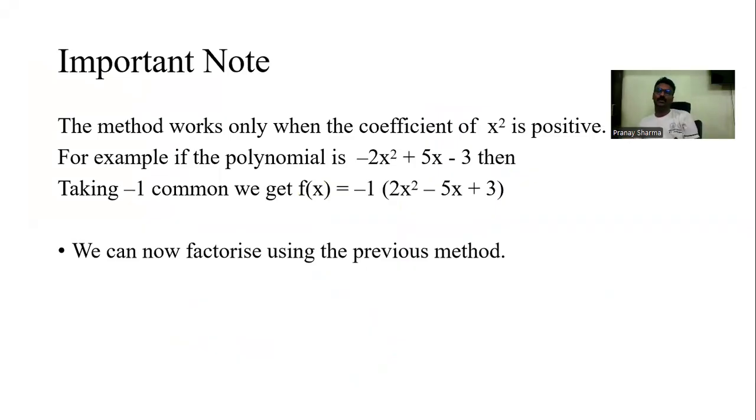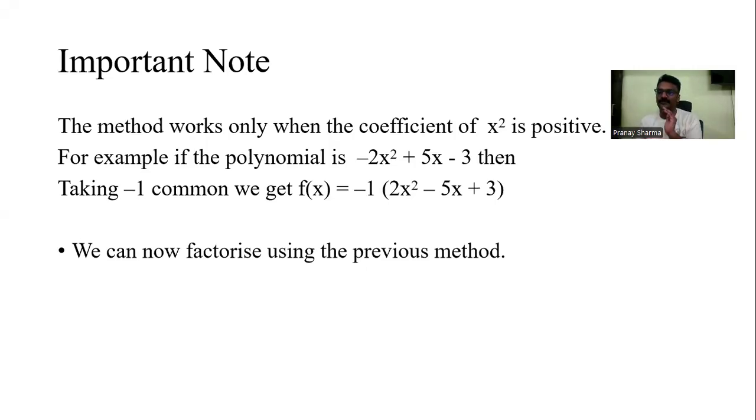So the important note that we have highlighted here is that this method works only when the coefficient of x squared is positive. All right. Suppose we get a situation wherein the coefficient of x squared comes out to be negative, then you should take -1 as common throughout the expression. So the expression will get changed. We have taken one example as well, minus 2x square plus 5x minus 3.